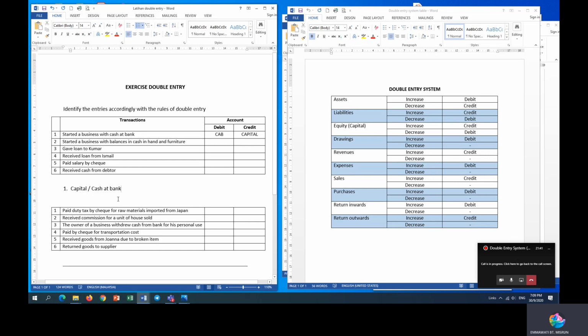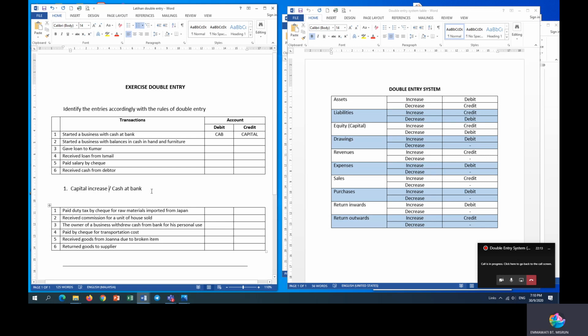Okay, so we have identified the two accounts, which are capital and cash at bank. Now the next step is we need to analyze the movement of these accounts. When you start your business, it means that your capital is increased. Why? There was zero capital, we created the business, so capital increases.